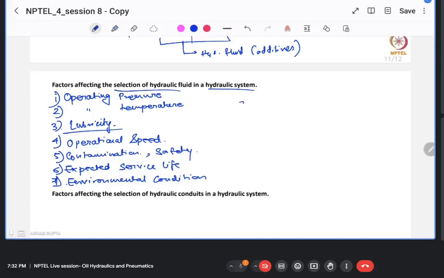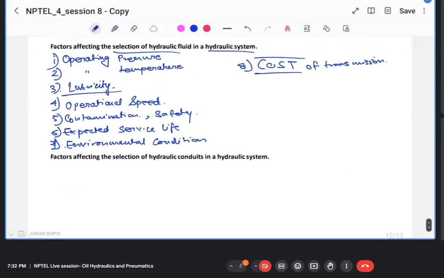Next is your cost. I am writing this in capital because this is the main thing that comes into picture. So the cost of transmission. So these are the factors that affect the selection of hydraulic fluid.